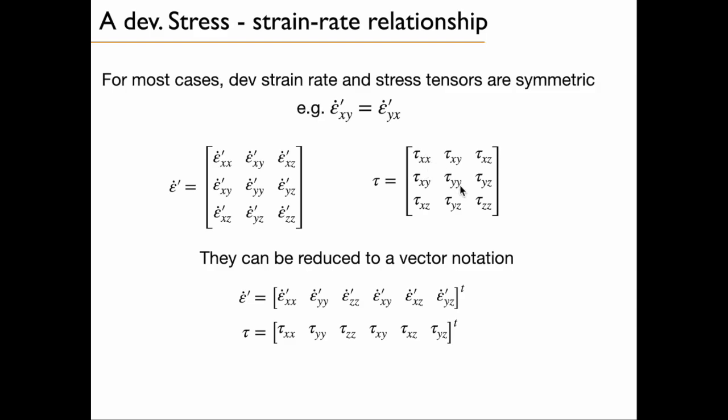Tau xx plus tau yy plus tau zz will be equal to 0, and tau xy is equal to tau yx, and so on. They can be reduced again to vector notation. So in 3D, we end up with a 6-component vector for the deviatoric strain rate, and for the deviatoric stress too.